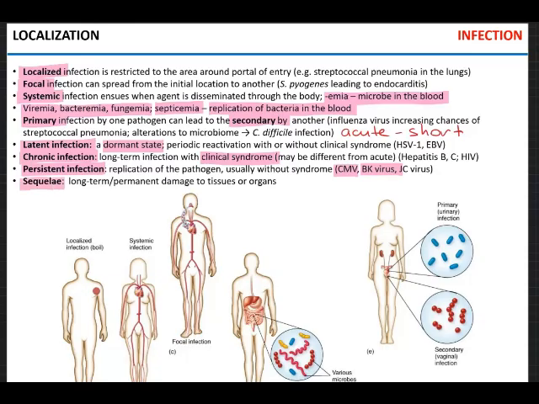Now, the term sequelae: long-term, often permanent damage to tissues and organs. Remember when COVID just started, there were some voices suggesting to let it rip through the population. I'm not talking about the fact that at the time, case fatality ratio in the States was 2%. So for the country that has 330 million people, we're talking 6.5 million deaths.